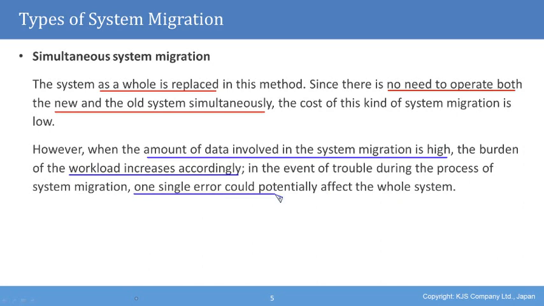So it poses a kind of fragility to the operation. If you have even just one tiny error, it could potentially affect the entire system. So although the cost overall tends to be low, you do have some risk in your migration period.